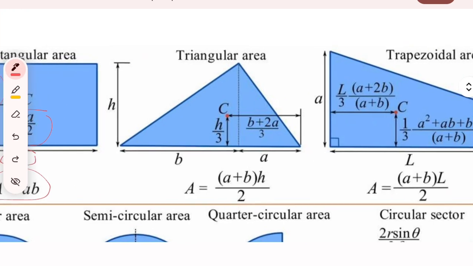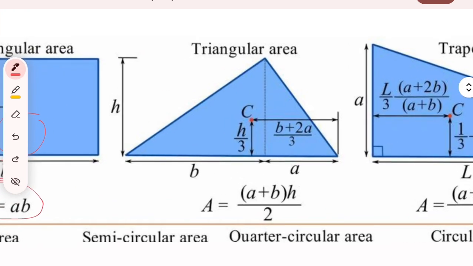That's easy. What about if it is a triangular area? The area of a triangle is 1/2 times the base times the height. The height is given, so you divide by 2. That's the area of the triangle. So where is the centroid located?